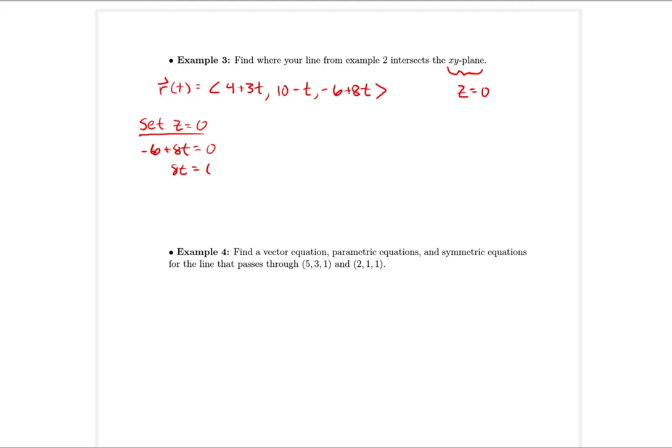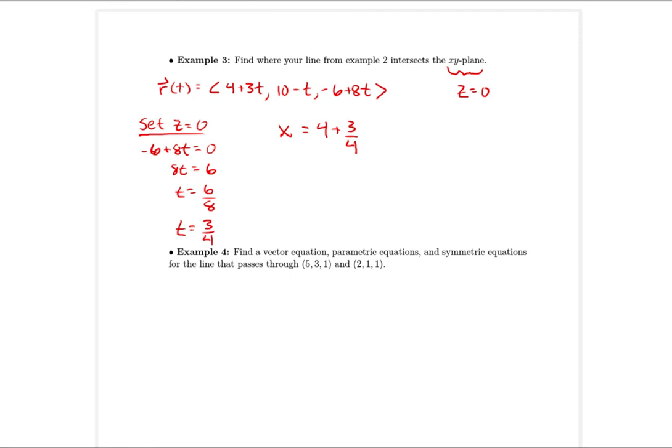So 8t equals 6, t equals 6 over 8, so t is 3/4. So what that tells me is that t, our parameter value, must equal 3/4 at the moment when z equals 0.